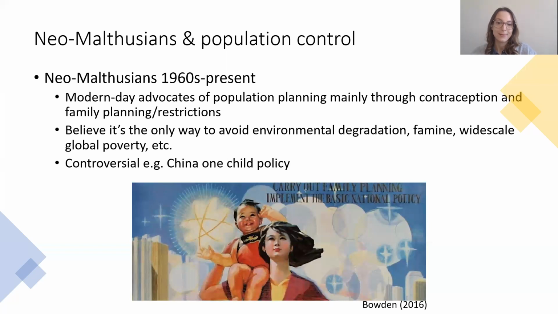Eugenics, for anyone that doesn't know, is a really, really controversial selective breeding type of policy that took place, especially in the earlier 20th century and throughout World War II. This was advocated for, where people wanted to breed out these undesirable traits, as they saw it, in certain humans.